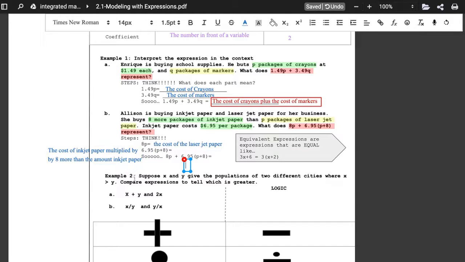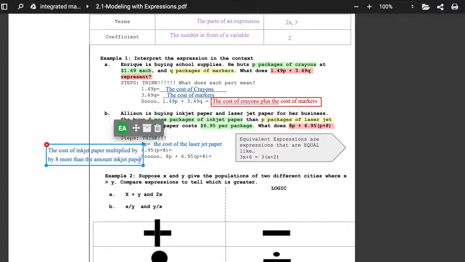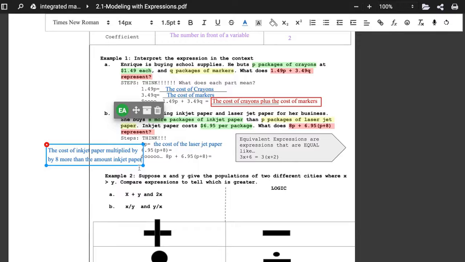So the cost of the inkjet paper multiplied by 8 more than the amount of inkjet paper, which is, remember, so basically, if this is the cost of the LaserJet paper, is it LaserJet? Sorry. Then this has to be the cost of the inkjet paper.